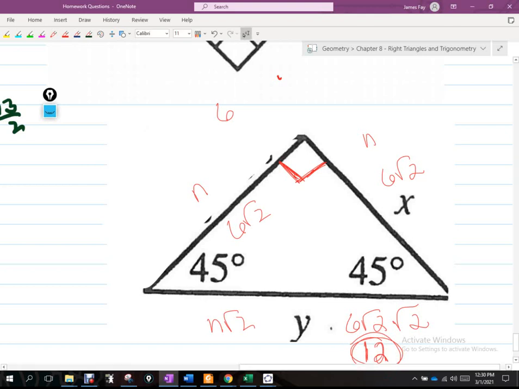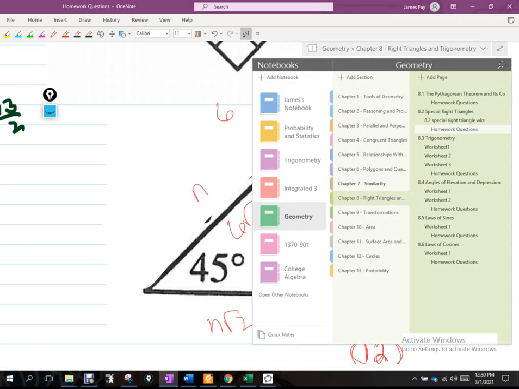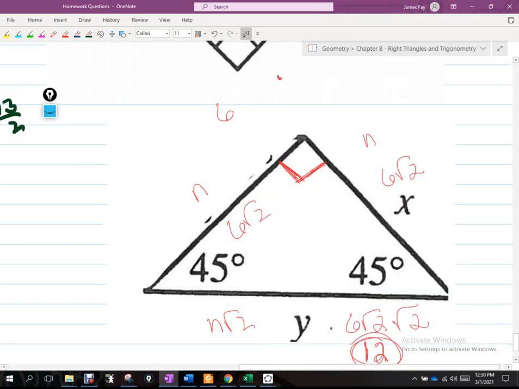Now, this is what you heard me back here scrolling through stuff. We work on these special right triangles for multiple reasons. One, it's a true relationship. But as we work through other content, other areas, if they're going to give me a triangle to work with, like in a pyramid or something like that, the triangle they give me is going to be a 45, 45, 90 or a 30, 60, 90, just to get you more exposure to working with these types of things.